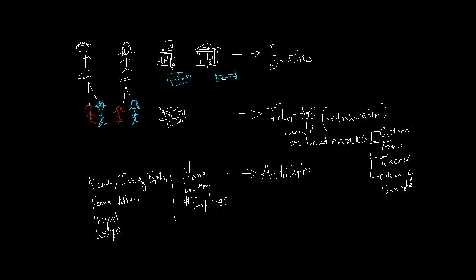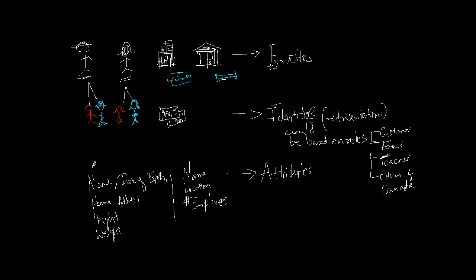And the relation that an institution has with many of its customers, which again could be institutions or individuals, could vary. So depending on that, one may have different identities. And again, remember that identities are representations or notations of the basic entities. A single entity could have multiple identities.